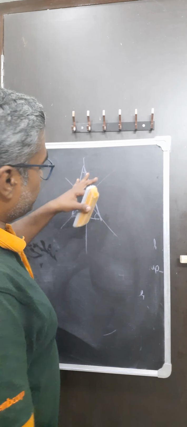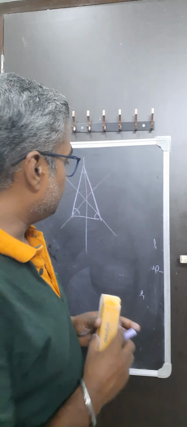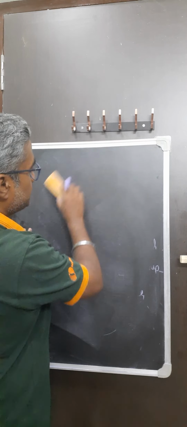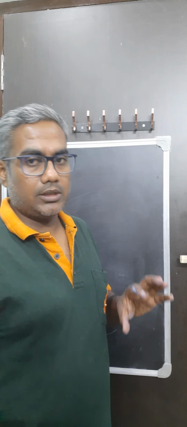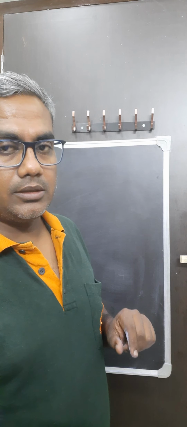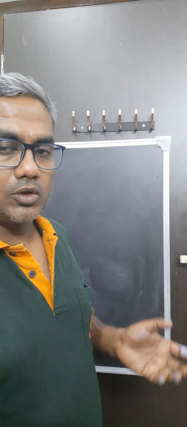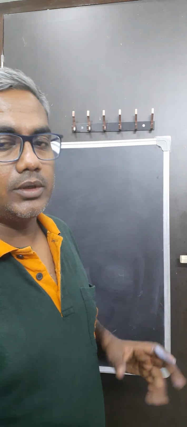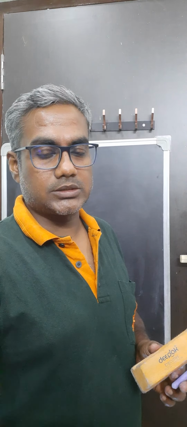It cannot be, and the same is for the scalene also. So for scalene and isosceles triangles, the incenter and the circumcenter cannot be the same. It is exceptional only for the equilateral triangle. Okay, so I think it is a very interesting subject to understand.